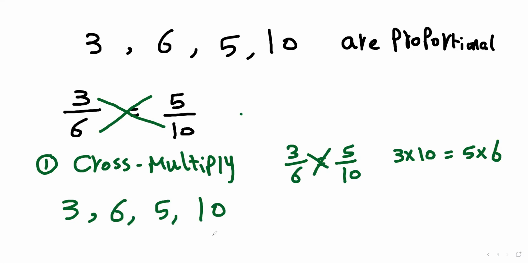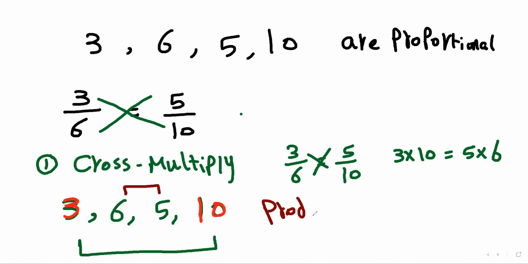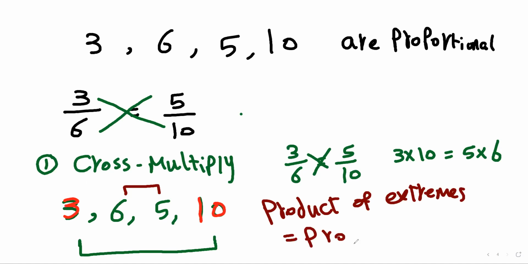It is cross multiplication, or product of extremes. 3 and 10 are the extremes. 6 and 5 are the means. So the product of extremes equals the product of means. That's it.